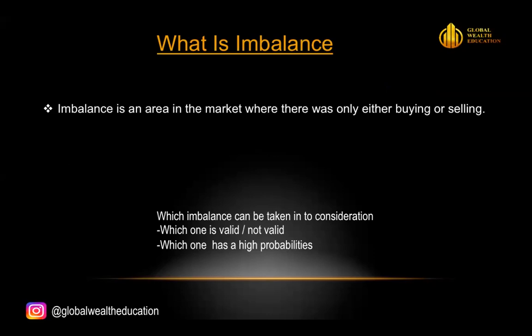And guys, when it comes to imbalance, we always have to look for a valid imbalance, because when you look at a different time frame it may look like there's an imbalance, but when you get into the smaller time frame, you can really spot which one has more probability and which one has less probability of price coming to fill it.